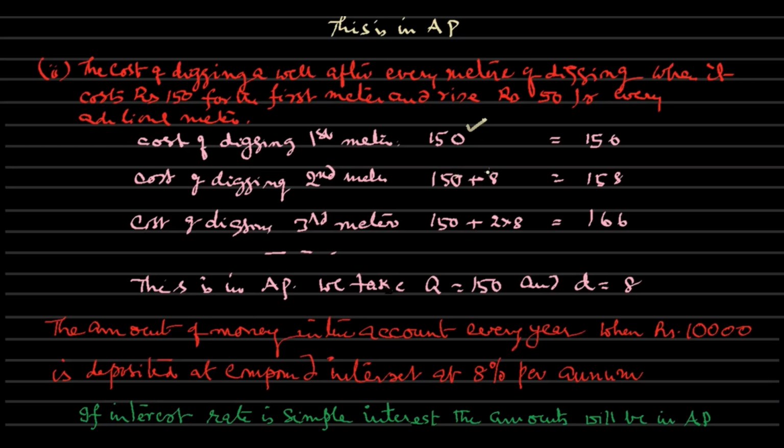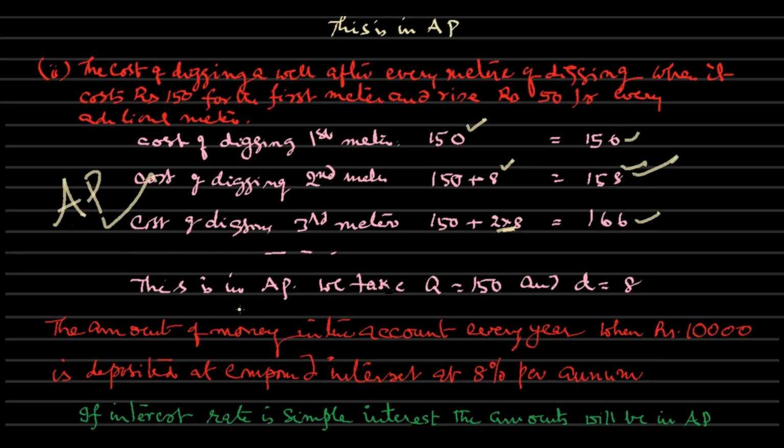So if you dig one more meter, you have to add 8 rupees, 158. If you dig third meter also, you should add 150 plus 2 times 8, 2 8s. Or add 8 to this or add 2 8s to this. Doesn't matter, both are same, 166. So here it becomes AP.